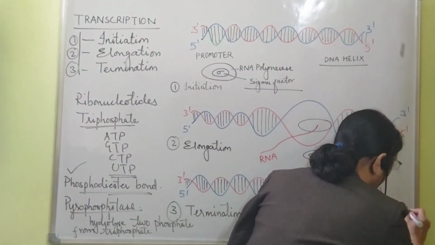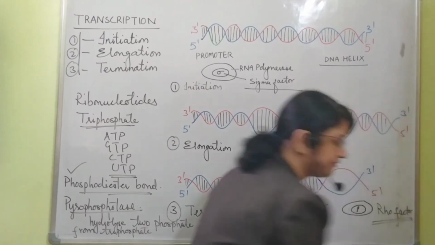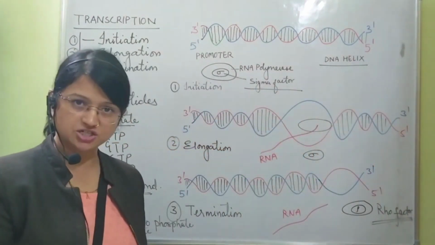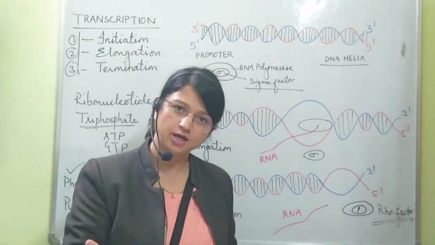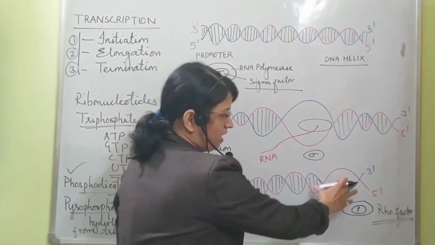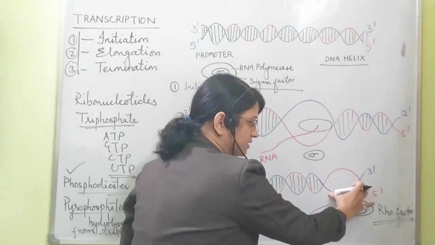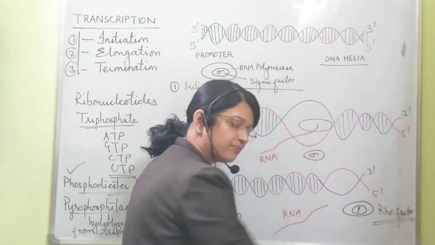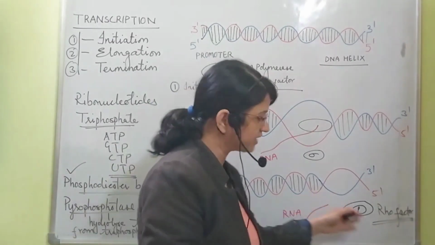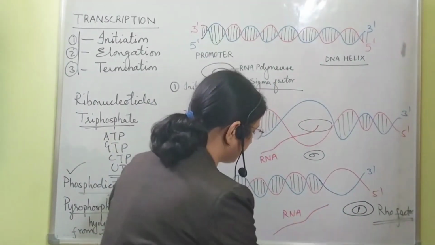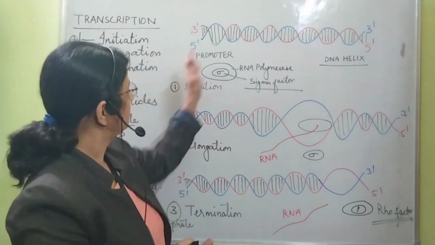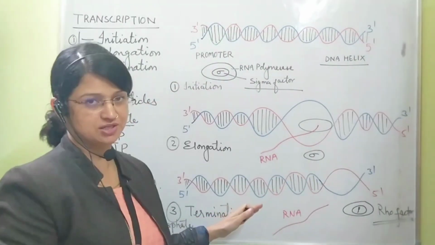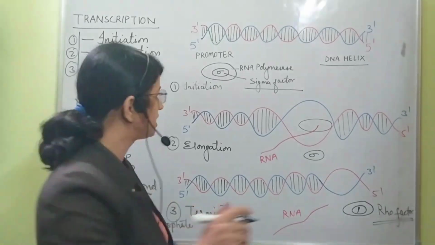In prokaryotes, Rho factor is required for termination, and this Rho factor is actually a type of specific protein. Now, what will happen? At the terminator site, the RNA polymerase will be removed, the Rho factor will also detach, and we will get the RNA.